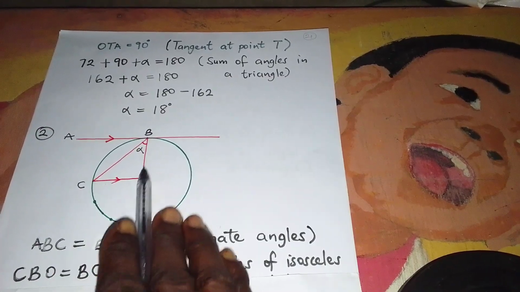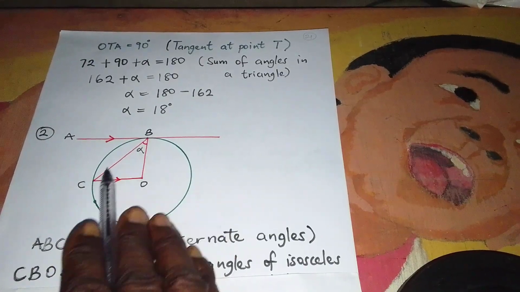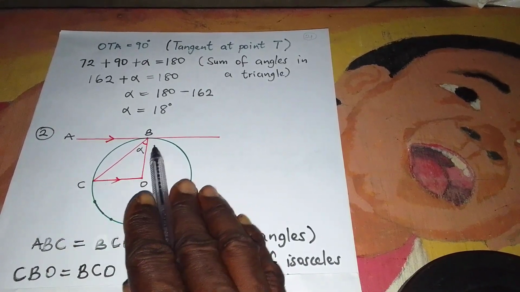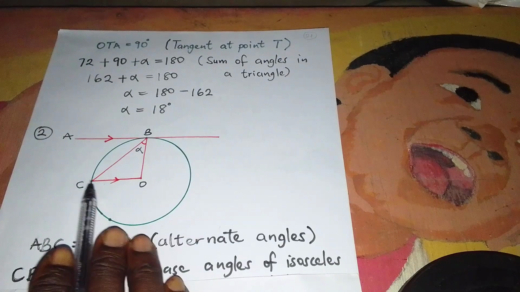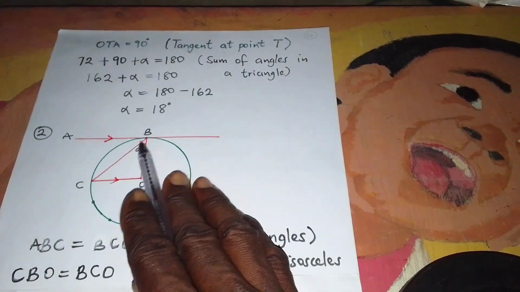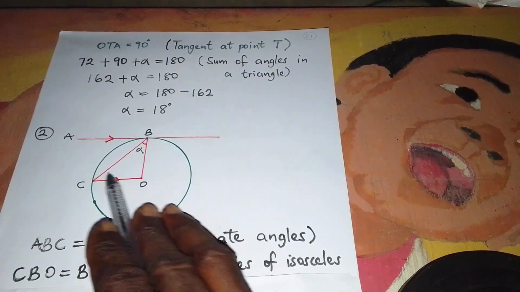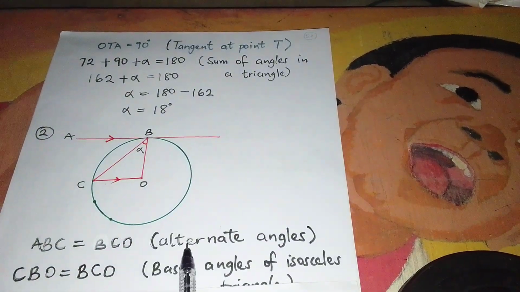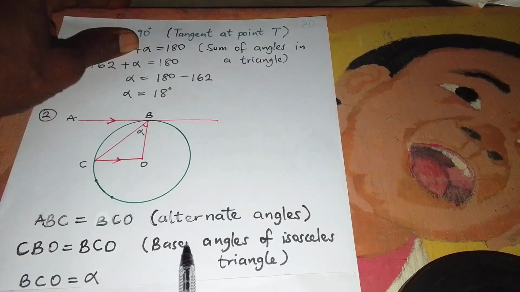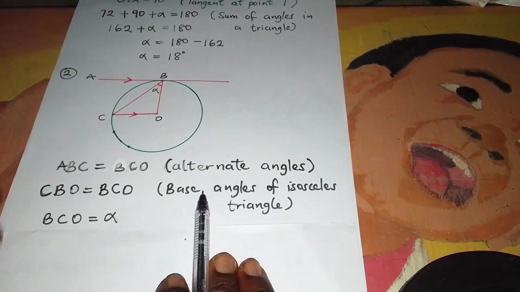And the base angles of an isosceles triangle are equal. So if this is alpha, this will also give you alpha. Angle CBO and angle BCO are equal because they are base angles of an isosceles triangle, so we can use alpha to represent them.